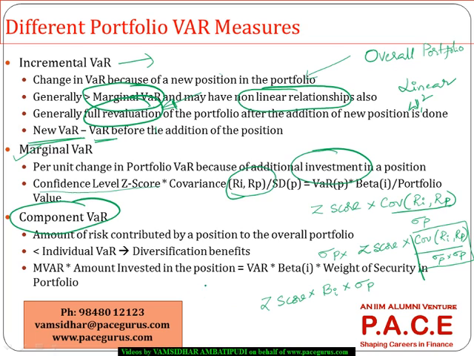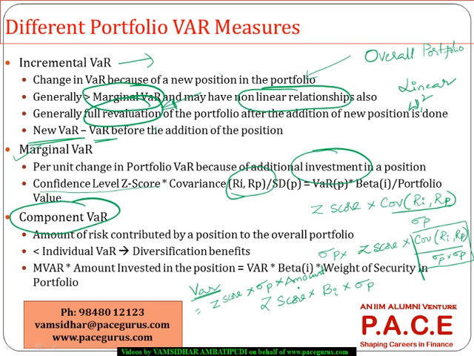Now we know that the value at risk of the portfolio is nothing but the Z score multiplied by the standard deviation of the portfolio multiplied by the amount invested in the portfolio, because this is for the portfolio.